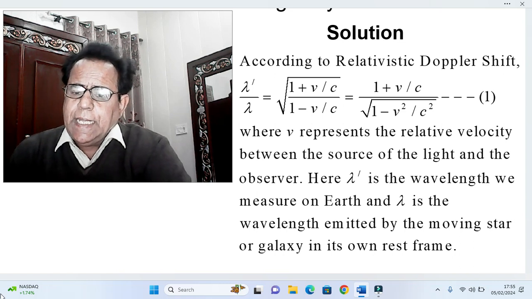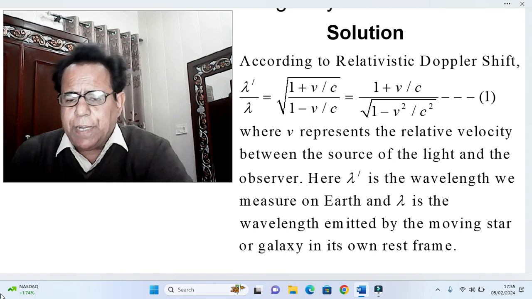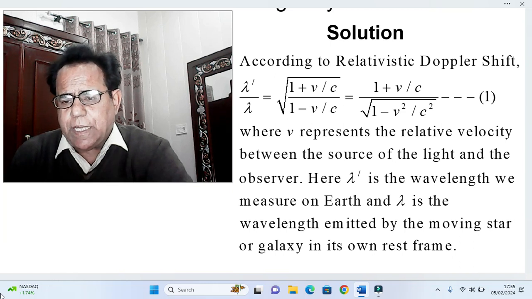Here lambda dash is the wavelength we measure on earth and lambda is the wavelength emitted by the moving star or galaxy in its own rest frame.